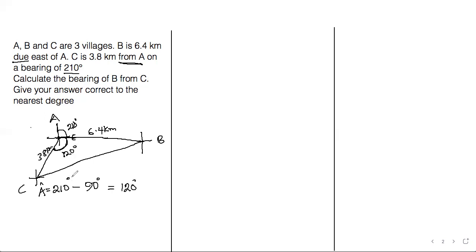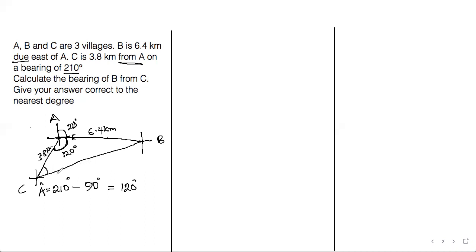Now we are looking for the bearing of B from C, so my angle has to be at C. If I want to get that angle, I have the side that is facing this angle, but I don't have this side.